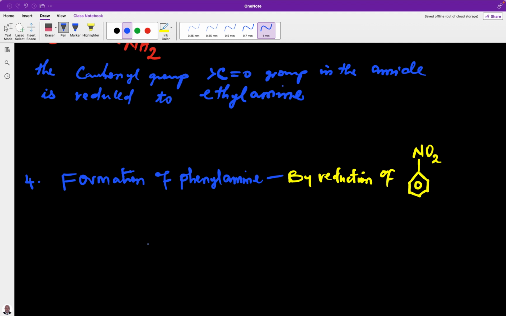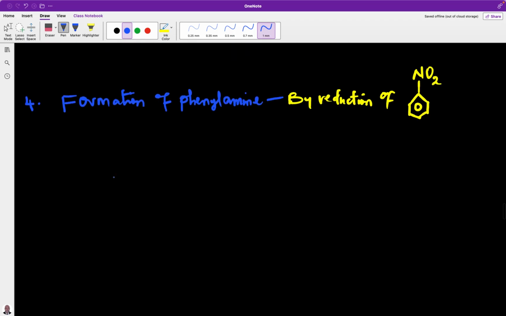In this case, nitrobenzene is our reactant. Our reagent in this condition will be what? We will have concentrated hydrochloric acid and tin metal.